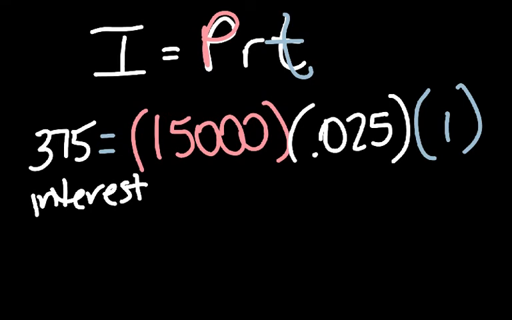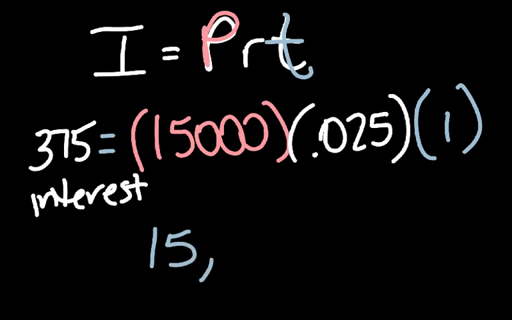These kind of problems, be real careful to see what it's asking for. It'll ask you for pretty much two different things. It'll ask you for how much interest they accumulated, which is how much money they made just for putting it in the bank. Or they'll ask you something like, how much money did they have at the end of the year in the account? If they ask you how much money was in the account, it's not going to be $375.